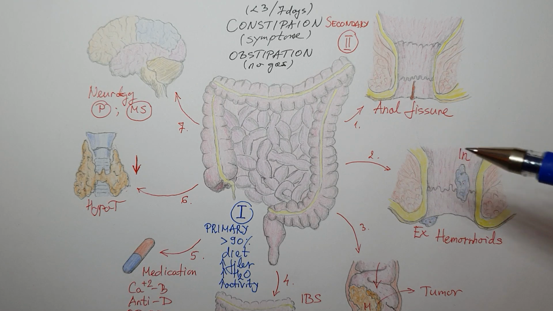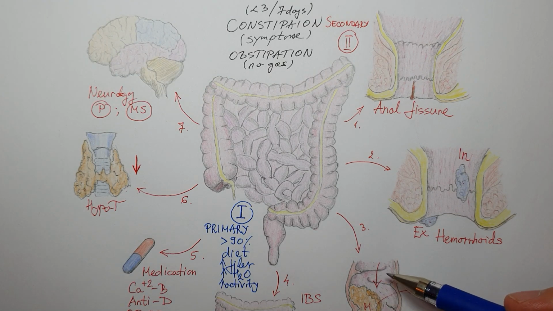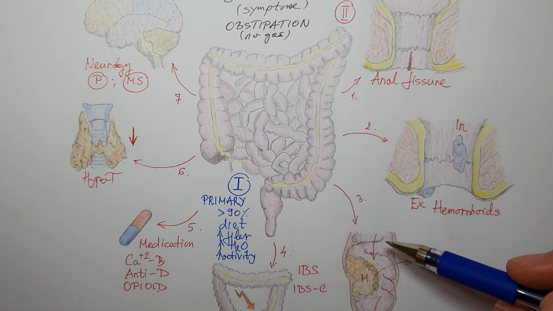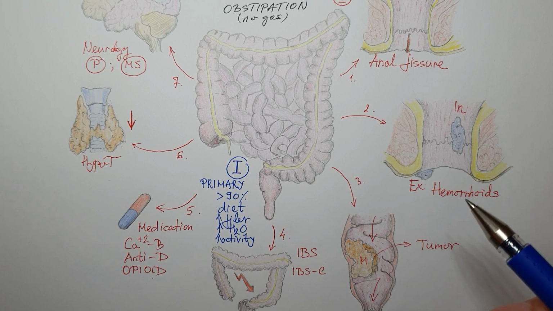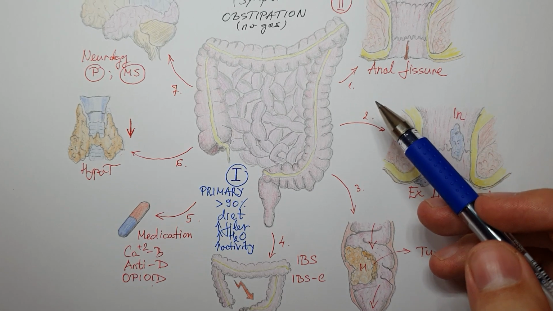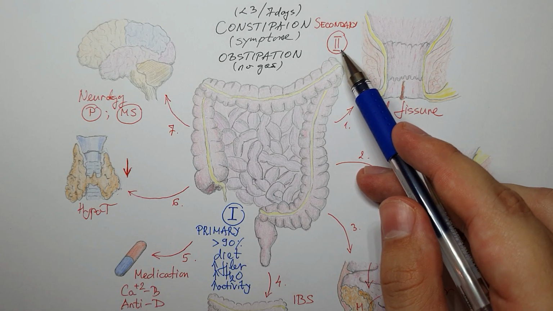There is also colonoparesis, problems with the pelvic floor muscles, anal fissures, different benign and chronic tumors, different diseases in the GI tract, systemic diseases, and so on. All of them can cause constipation, but in those cases, constipation is only a secondary symptom of an underlying cause.